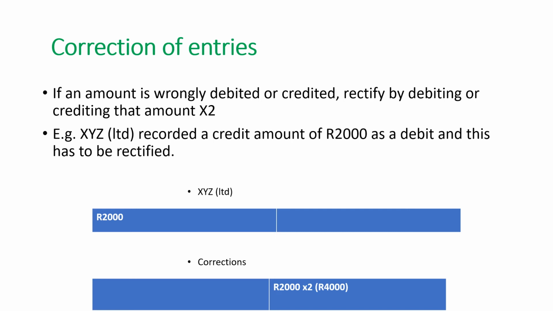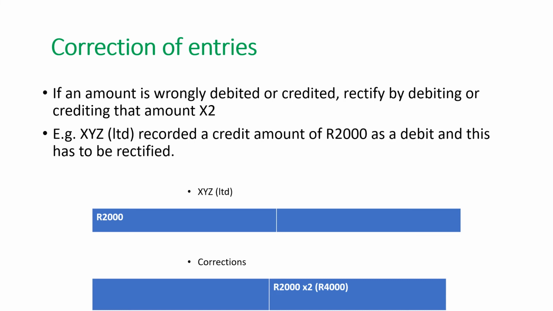So this is the example that is here. Then its correction will be as follows. Because the amount that they debited was supposed to be a credit, according to accounting, to cancel a debit balance you must credit, and to cancel a credit balance you must debit.